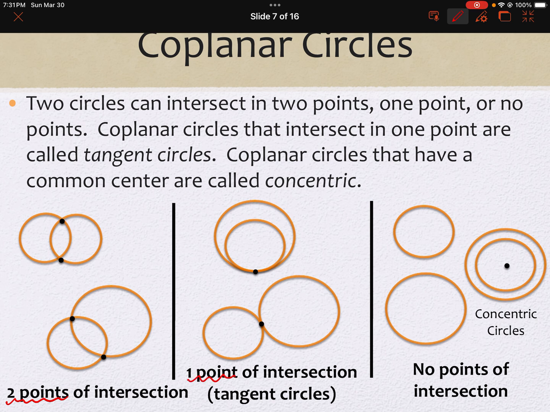Notice how those are called tangent circles because you could draw a tangent right through there, and that line is only touching both of those circles one time. Or you could have circles that don't touch at all, like this one and this one don't touch. Or you could have two circles that are called concentric. They have the same center.